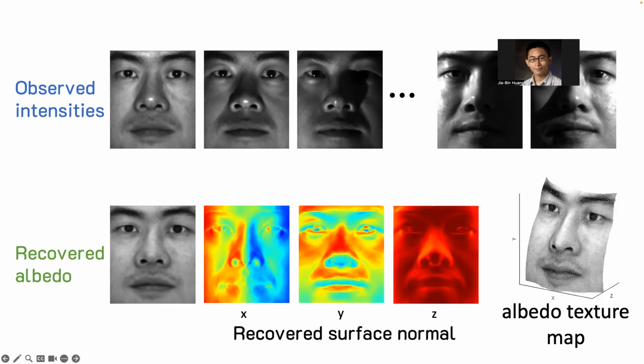The surface normal is the derivative of the shape. So once you have this, you can take the integration of the surface normal, and then you recover the 3D shape.